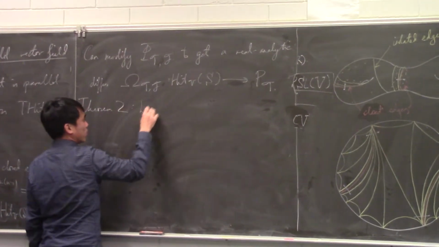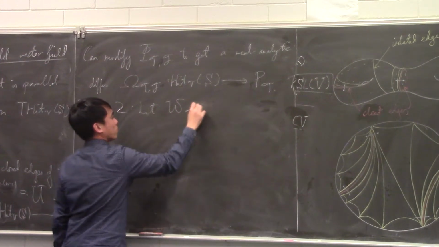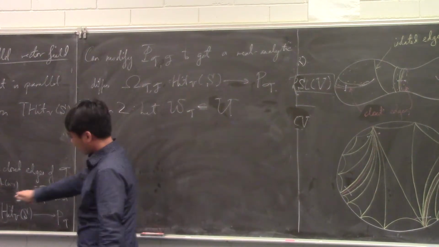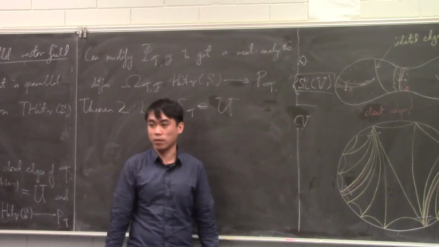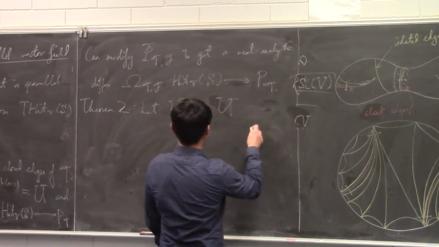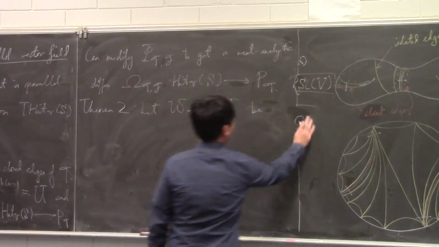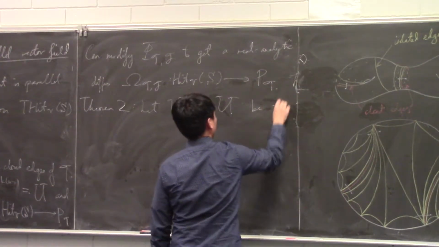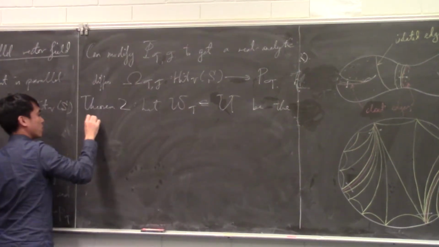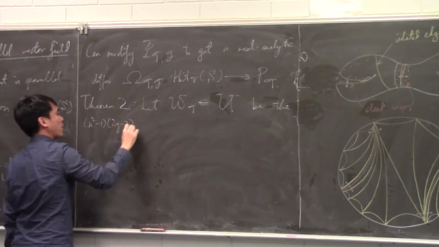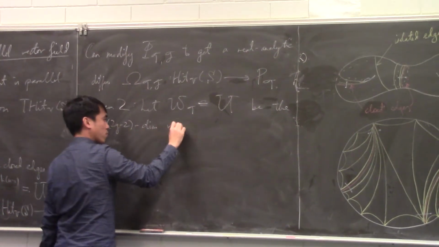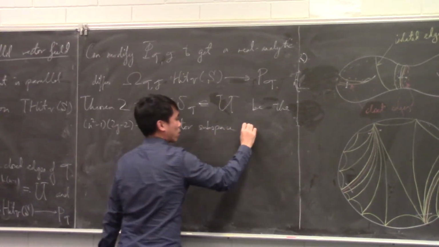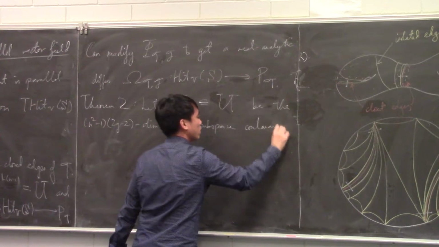Theorem 2. Remember U is R to the n squared minus 1 plus times 2g minus 2 plus k times n minus 1. So let Wt inside of U be the n squared minus 1 times 2g minus 2 dimensional vector space, the subspace containing Pt.